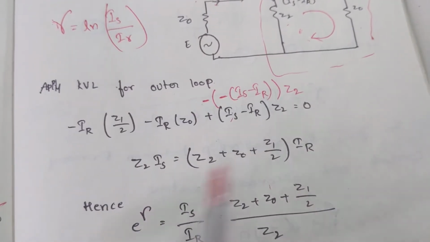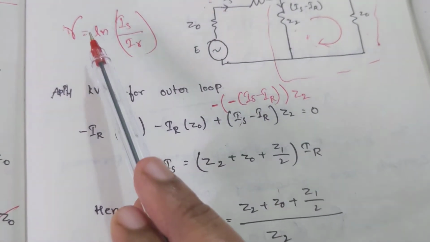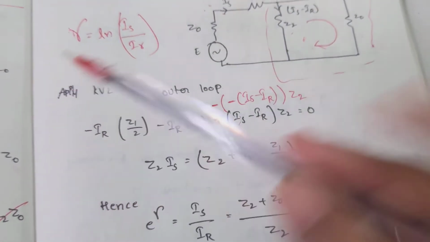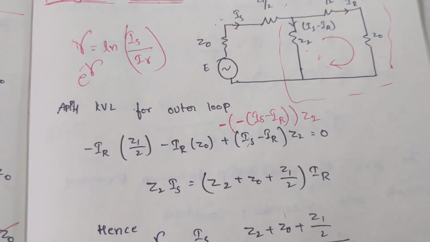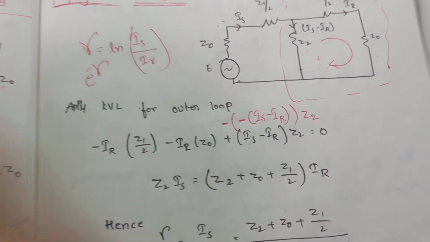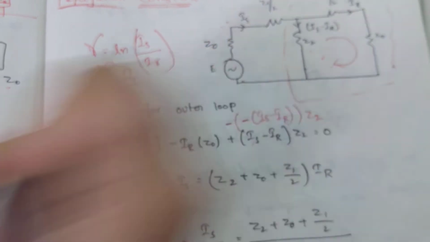As per the definition of the propagation constant, e power gamma will be equal to Is divided by Ir.